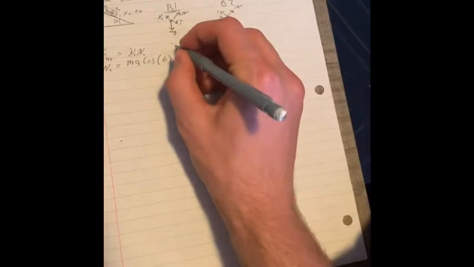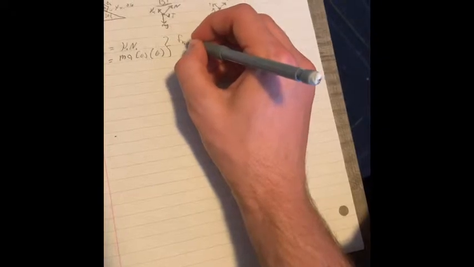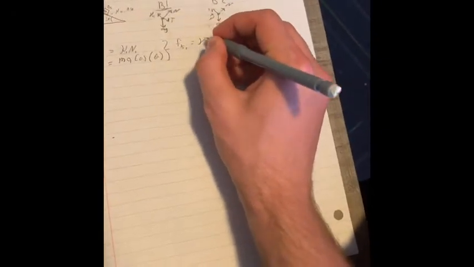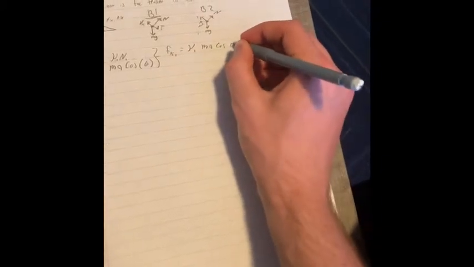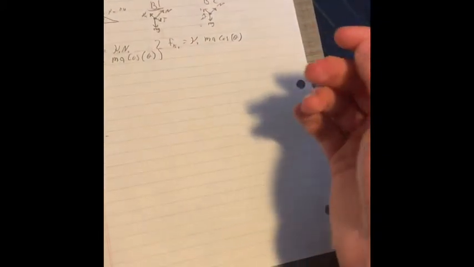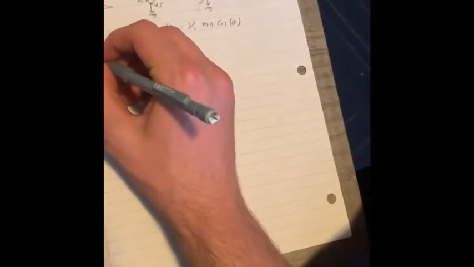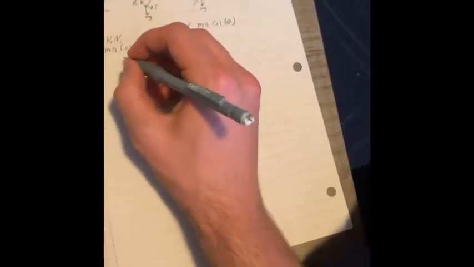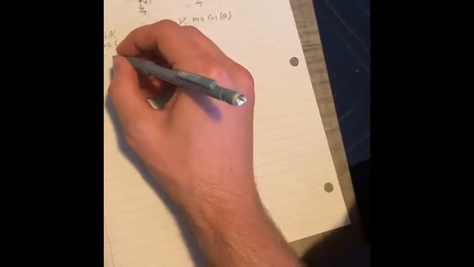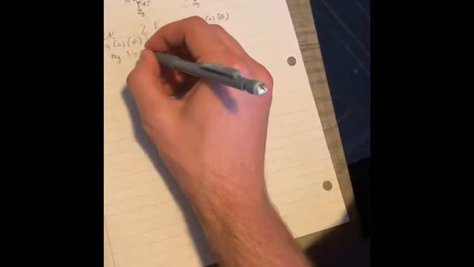Now we can use these two equations, where Fk of block 1 equals mu 1 times m g cosine of theta. Beautiful. So now we can find Fx net. F1 net is equal to m g sine of theta, and this is net for it.